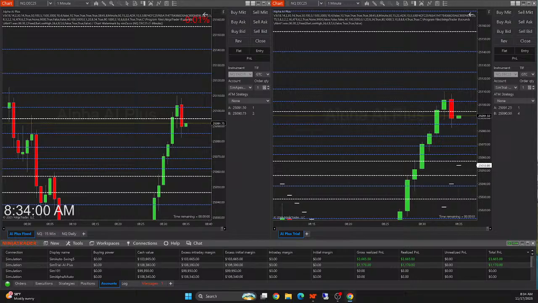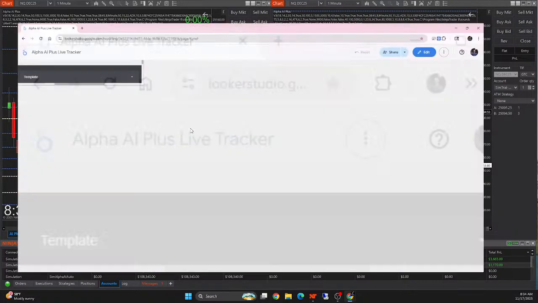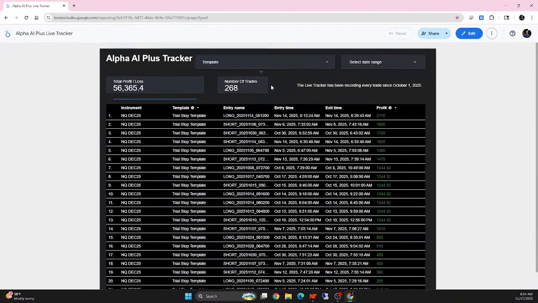Let's see how we did last week across 4 templates. Open the tracker now and see how we actually did. All right, let's see. So we are up $56,000 now since October 1st across 4 templates.